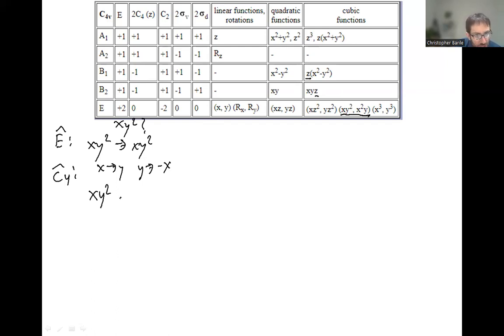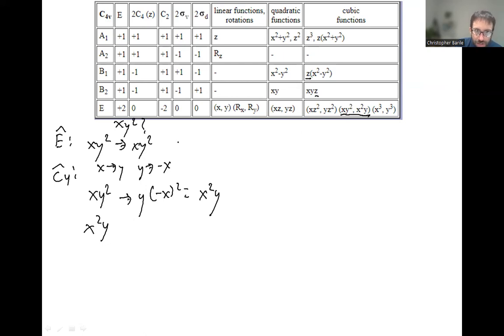X went to y, so that turns into y, and y went to negative x. So negative x squared, that's equal to x squared y. And so here's where you can see, hey, xy squared went into x squared y. That's why these two functions are transforming together. They're linked.